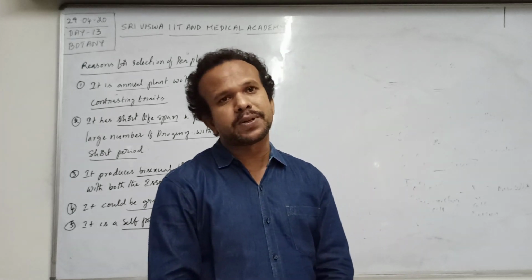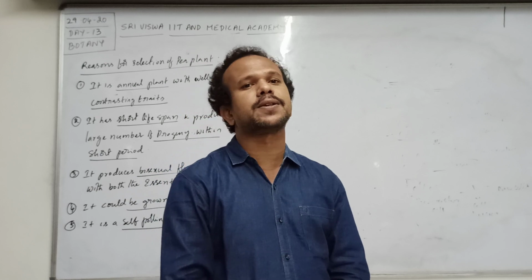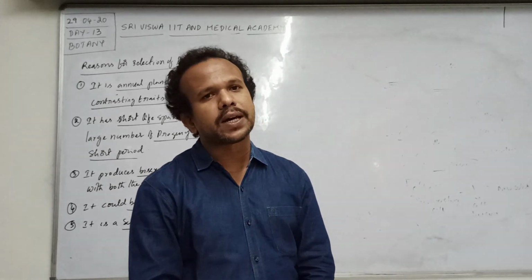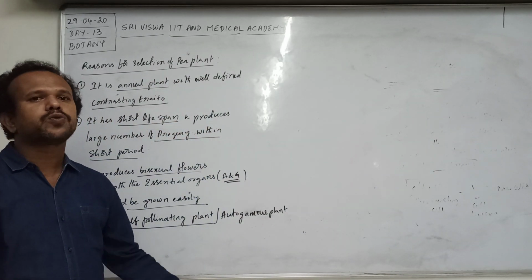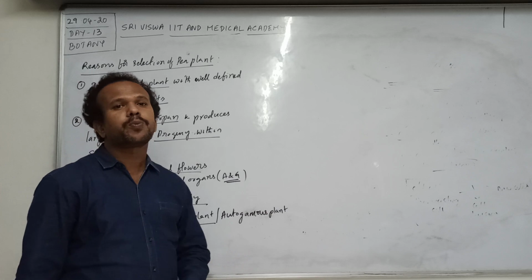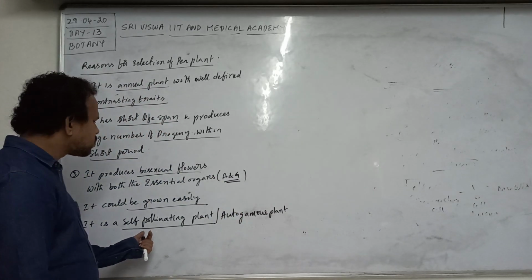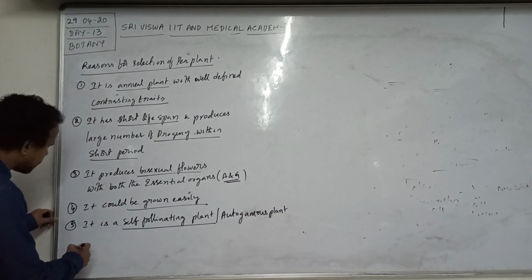The first one is Lathyrus and the second one is Pisum. Lathyrus means Lathyrus sativus, wild pea. Pisum sativum, the garden pea or edible pea. These are the two familiar examples for self-pollinating plants.